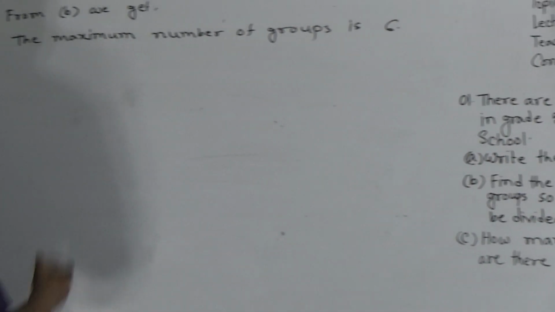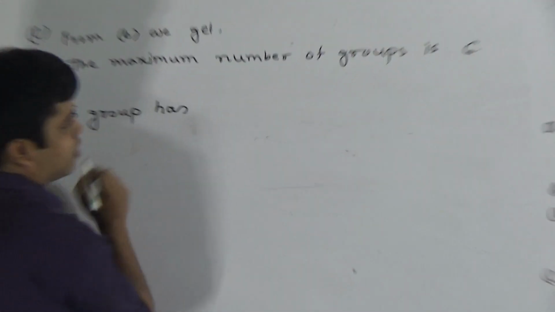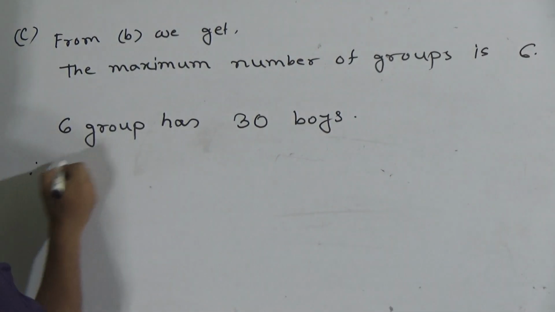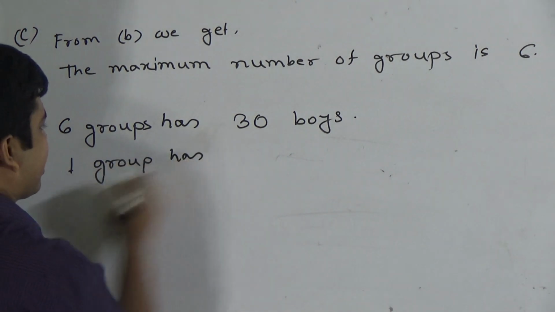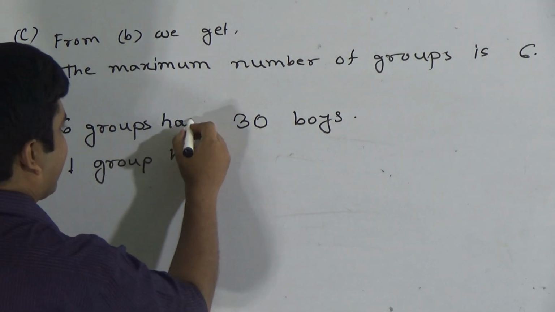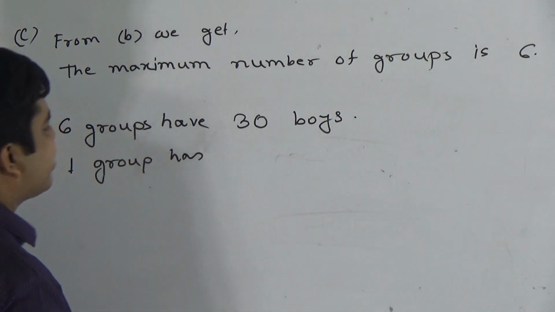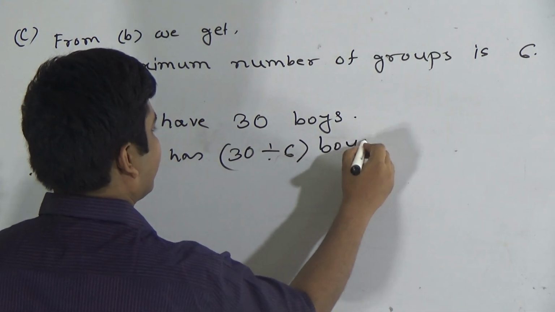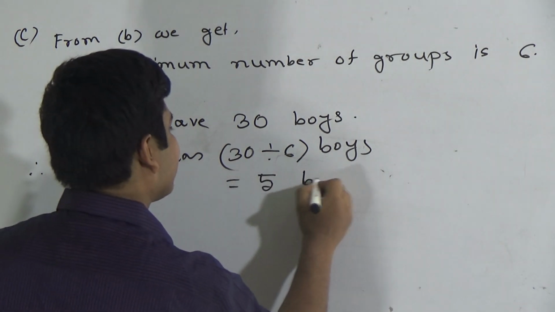Okay, now write, 6 groups have 30 boys. Therefore one group has, because it is plural, 6 groups have 30 boys, so one group has, we divide 30 by 6. Now notice we divide 30 by 6 and we get 5 boys.